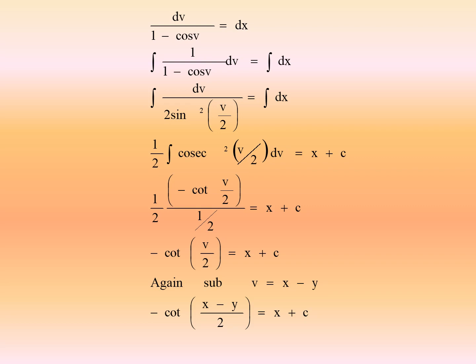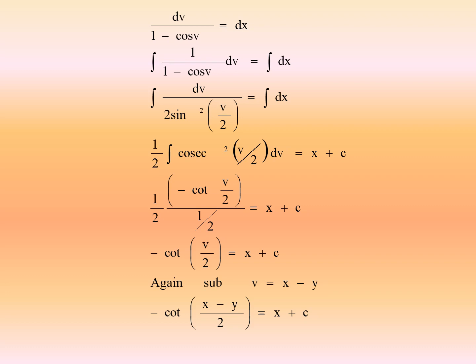The leftover part on the left hand side is minus cot of v by 2 equals x plus c. Move on to the next step. Again, we are going to substitute the value of v, that is x minus y, in the above equation. Minus cot of, instead of v, we already gave the name for v as x minus y, no?